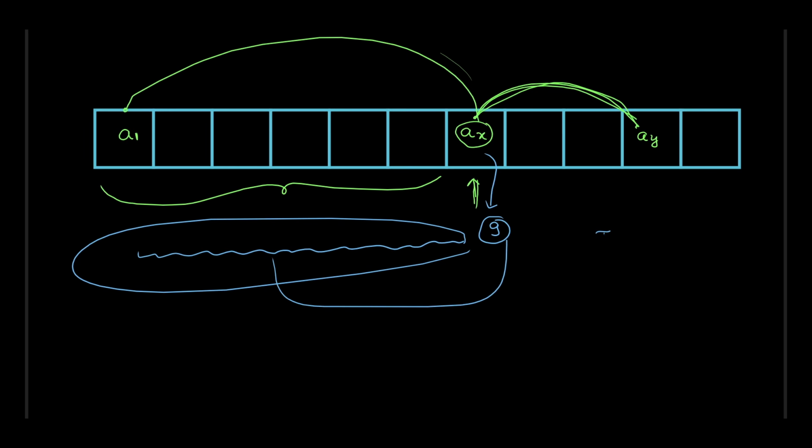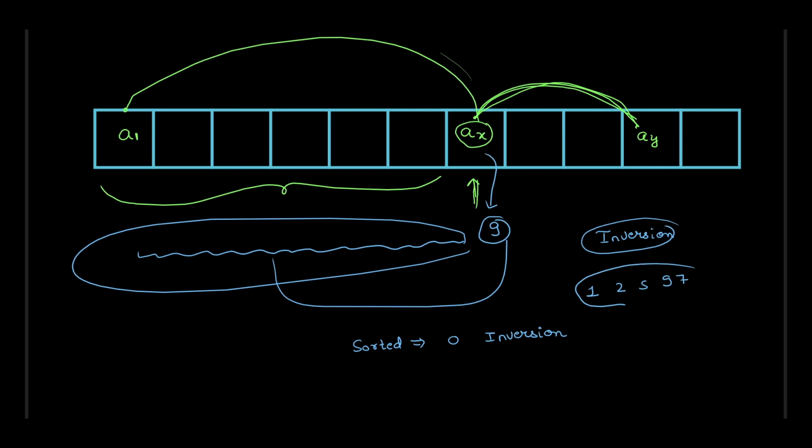Because inversion denotes how far you are from sorting the array, because a sorted array has inversion count 0. Sorted means 0 inversions, and from there you can visualize that if all the elements are in increasing order, like let's say 1 2 5 9 7, this array has 0 inversions.